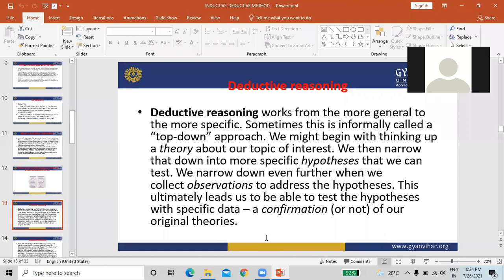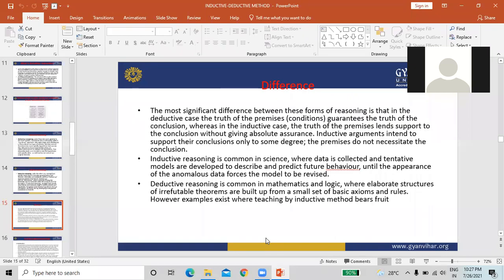Inductive reasoning is common in science, where data is collected and tentative models are developed to describe and predict further behavior, until the appearance of new data forces the model to be revised.